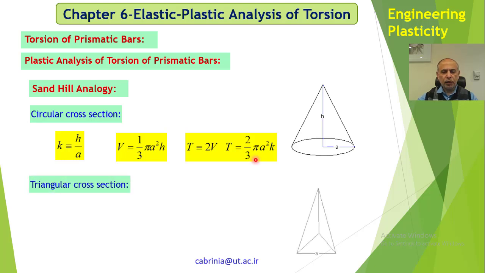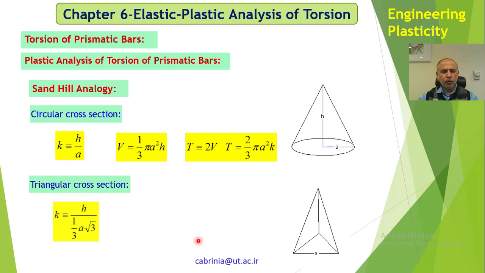And similarly for a triangular cross section like that, we don't get a cone but we get a pile up like this, which is a pyramid, and therefore we can have the gradients on the side of this pyramid and also the volumes.